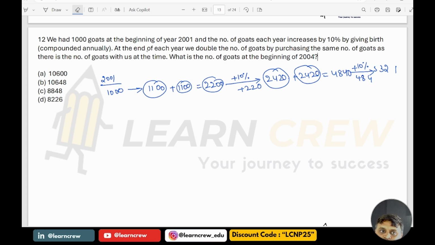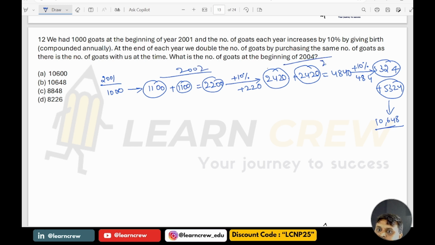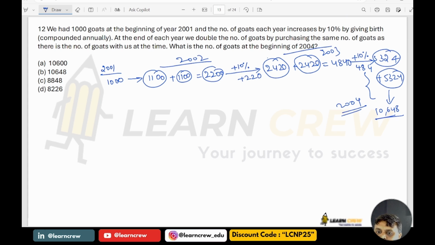Again you are just doubling it, means again 5324 you are adding. Thereby the total is 10,648. So this is 2001, this is 2002, this is 2003, this is finally 2004. At the beginning of 2004 you have 10,648.